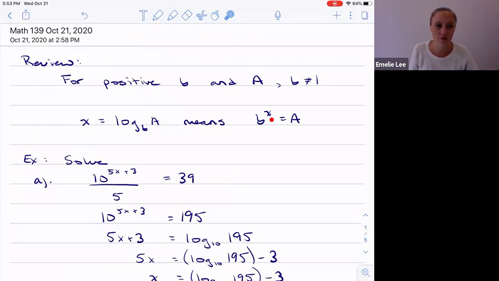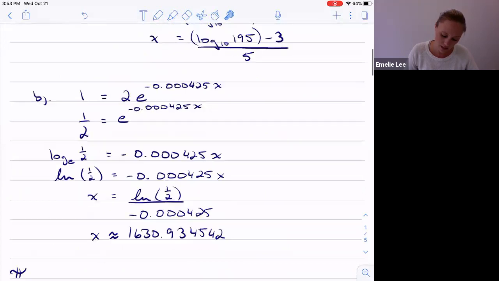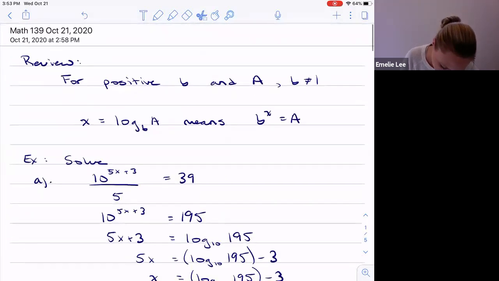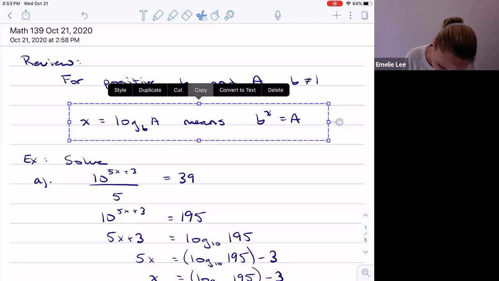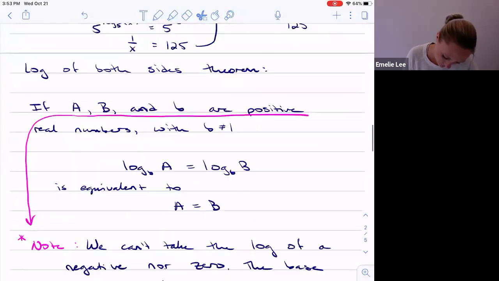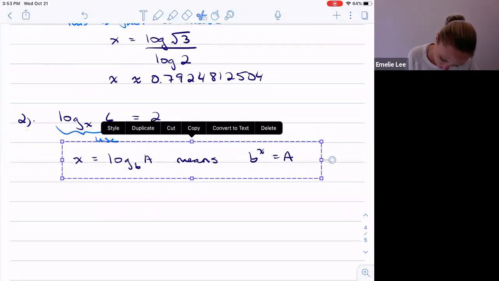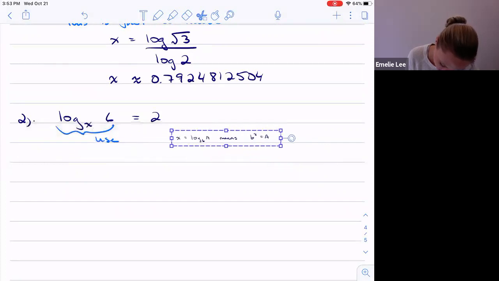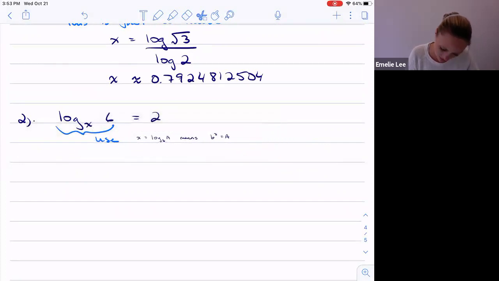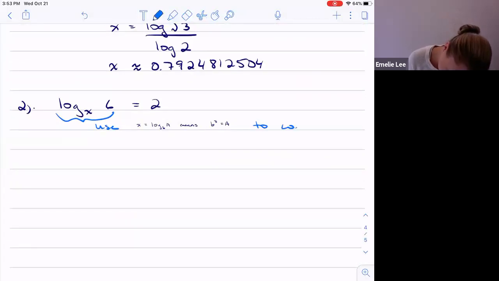X to the power of, so the base is my x now. That could be confusing, right? But you just need to keep track of what these variables are. In fact, maybe I'll copy this here and use that to write it in non-logarithmic form.